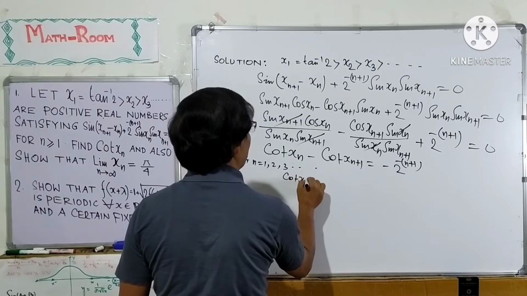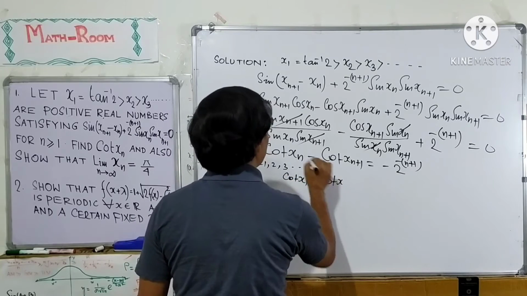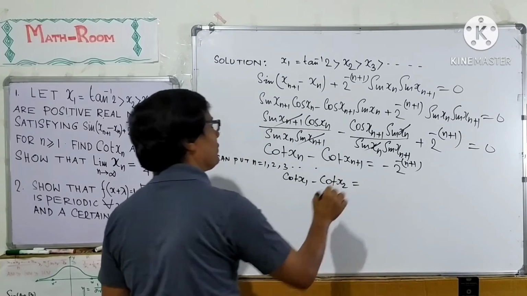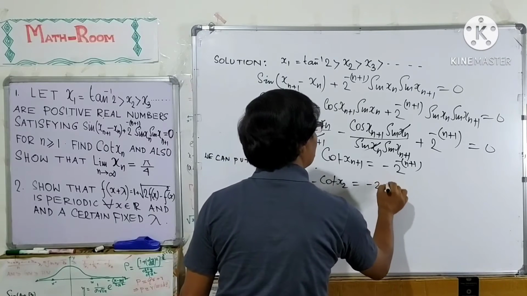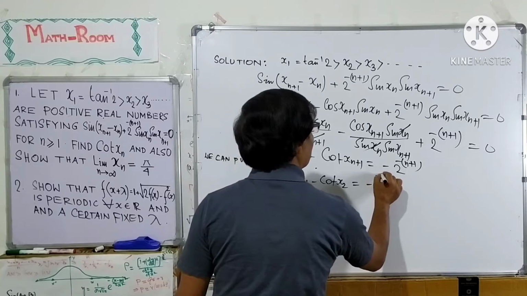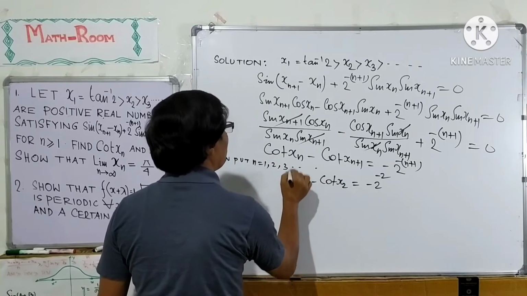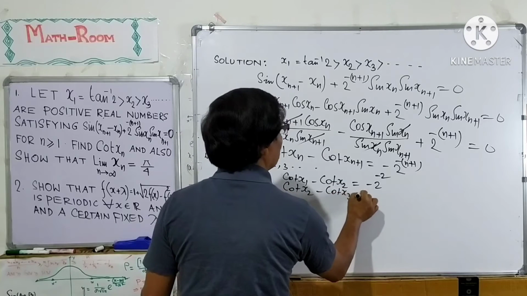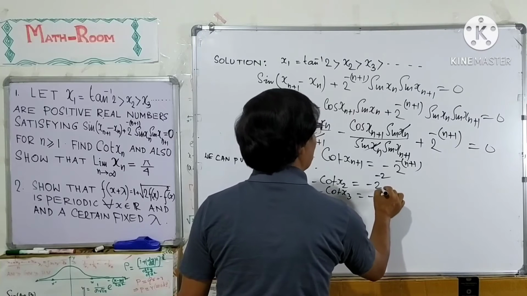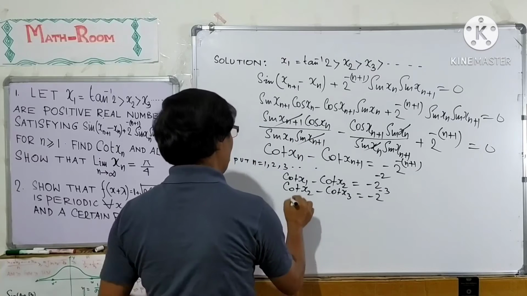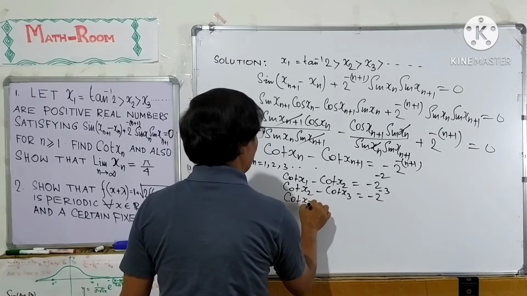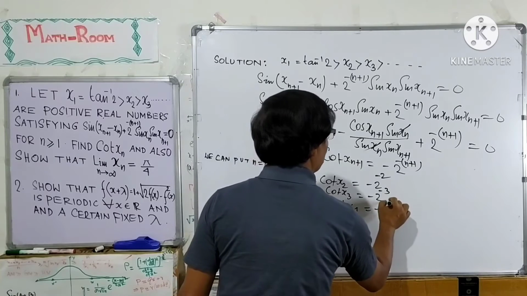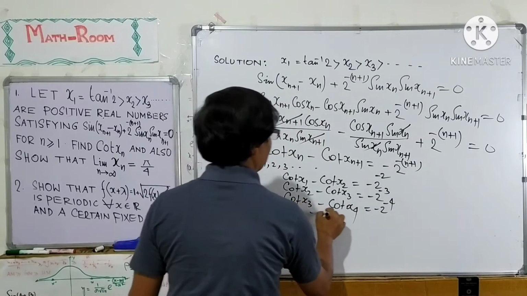for n equal to 1, we get cot x1 minus cot x2 equal to minus 2 to the power minus 2, and for n equal to 2, cot x2 minus cot x3 equal to minus 2 to the power minus 3, and cot x3 minus cot x4 equal to minus 2 to the power minus 4 and so on.